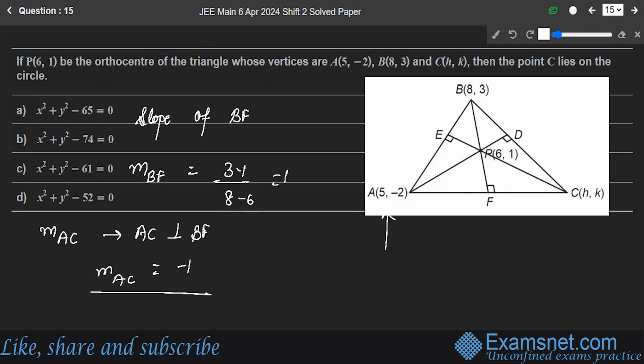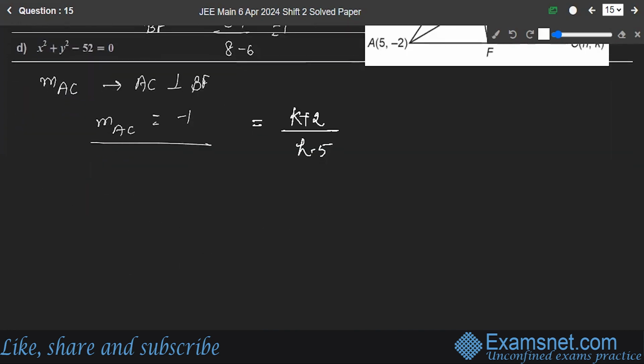And you are given these two coordinates for AC. So that means this is equal to K plus 2 upon H minus 5, right? This gives me K plus 2 is equal to minus H plus 5, or you have K is equal to 3 minus H. Let's say this is the first equation.